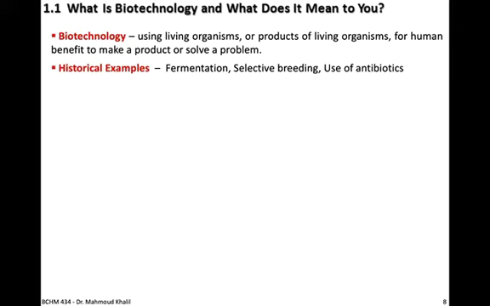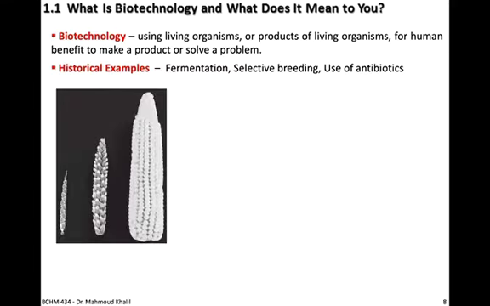Historical examples of what people were already doing without knowing it was biotechnology are the process of fermentation, the process of selective breeding, and the use of antibiotics.